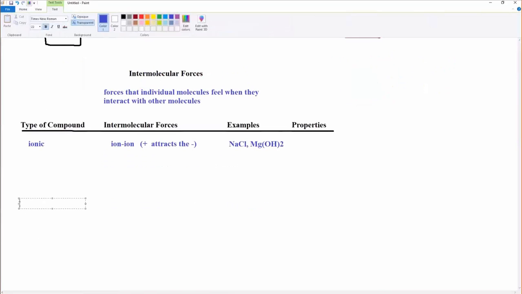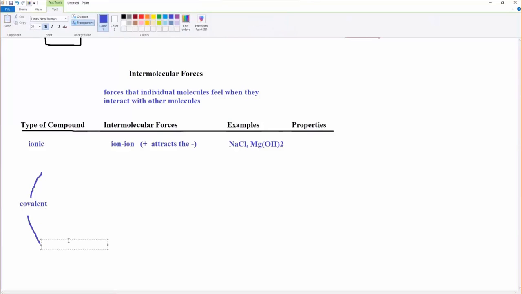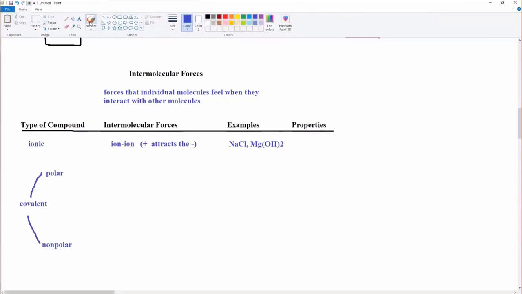Now for covalent compounds, we actually have several different kinds, right? Our covalent compounds can be nonpolar or they can be polar. And actually, we have two special cases of polar compounds. We're going to split this up.